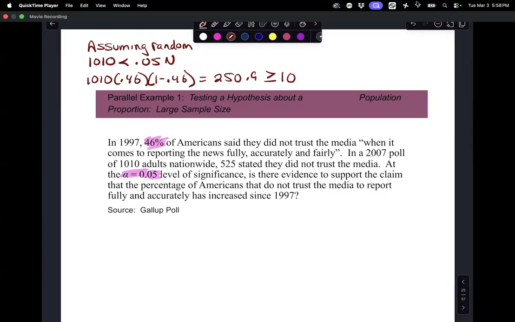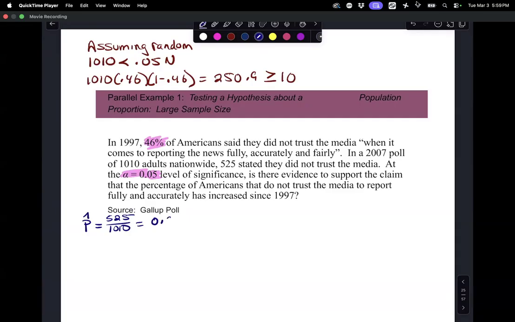All right. Now we need to calculate p hat. So my p hat is 525 divided by 1,010. I'm going to use 0.52 because it's 0.5198.